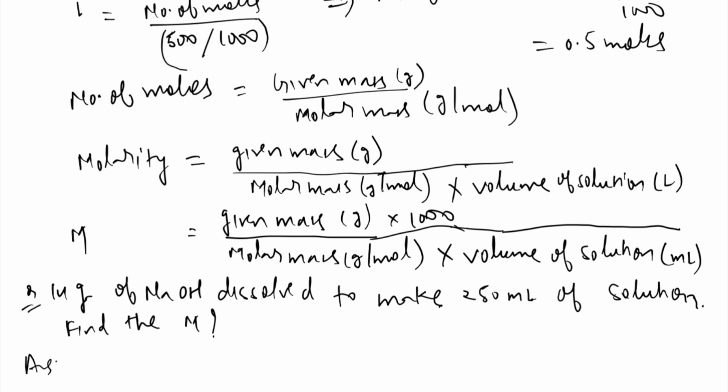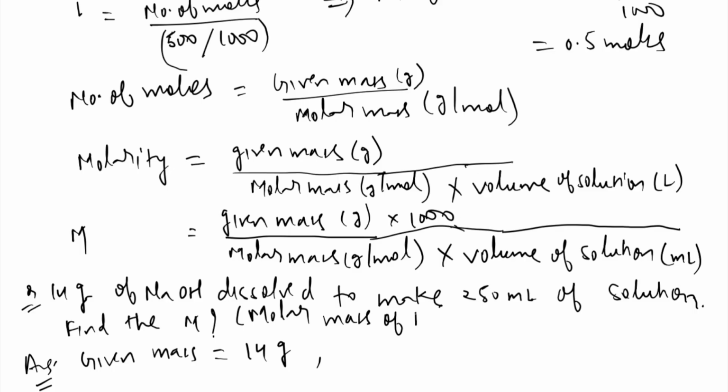Okay, so here the answer is: given mass is provided to you, that is 14 grams, and in the question, molar mass is also provided. Molar mass of NaOH is 40 grams per mole.